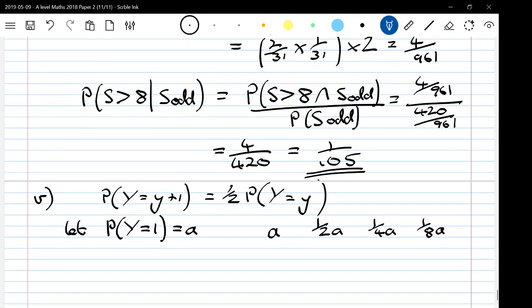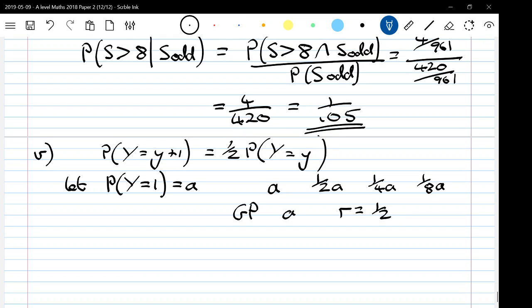Now all of these numbers add up to 1. What we're supposed to notice at this point is this is a geometric series. It's a GP with first term A and common ratio a half. We're multiplying by a half each time. And the sum to infinity of this series is 1 because all the probabilities add up to 1.